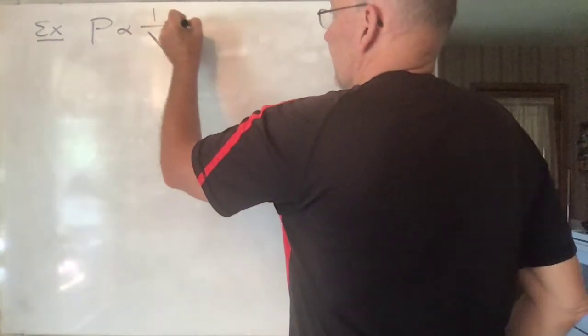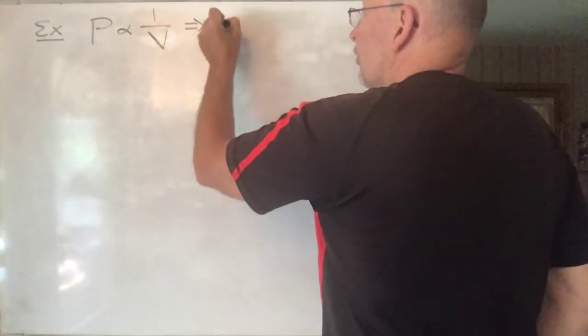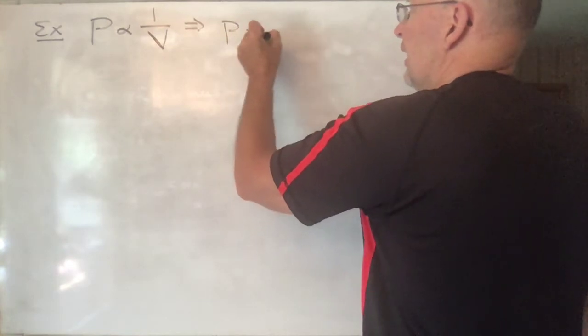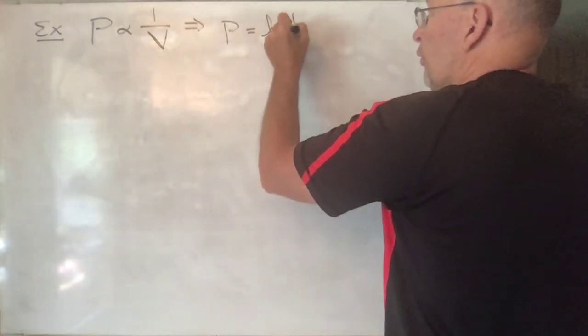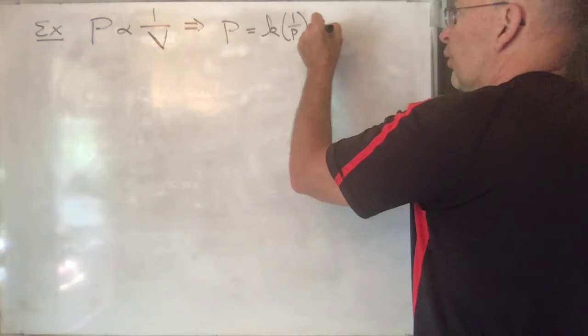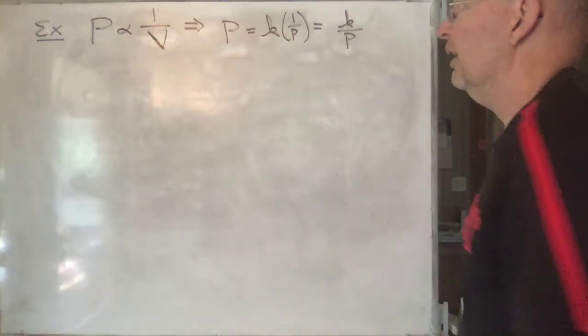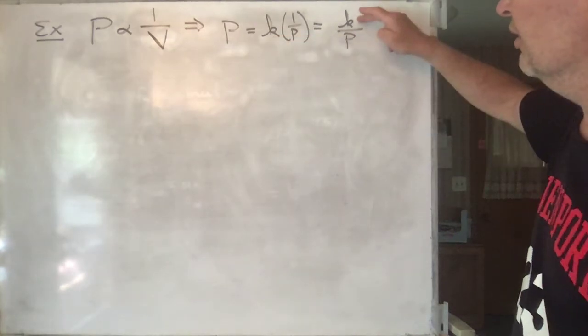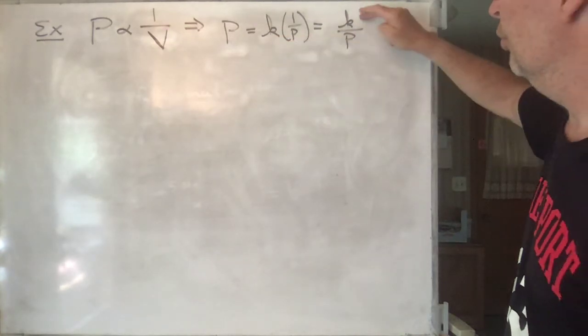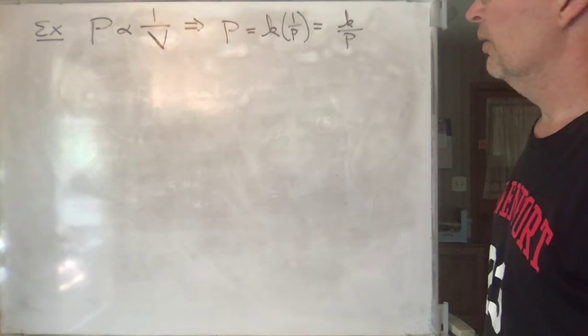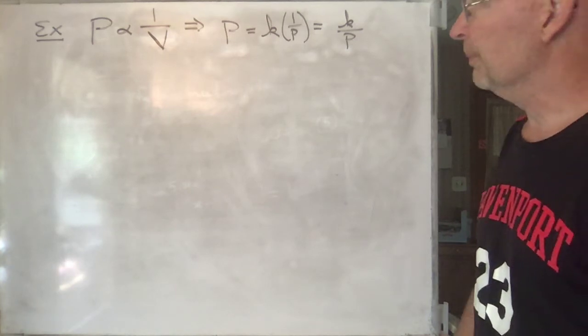So you can either write it like this, or you can write it as k times 1 over V. If it's k times 1 over V, you can write it as k over V. The proportionality constant is always best put up on the top like that. So there's a relationship.